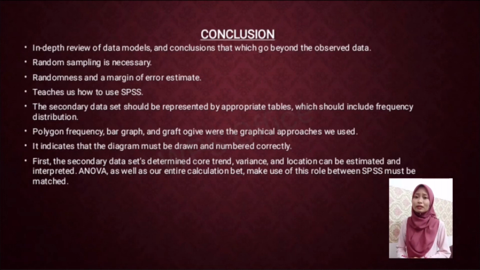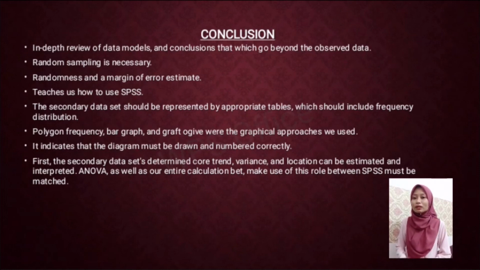This assignment teaches us how to use SPSS software to calculate accident statistics in Malaysia. This can also teach us how to use the software in our future career. Besides that, the secondary data sets should be represented by appropriate tables which should include frequency distributions.